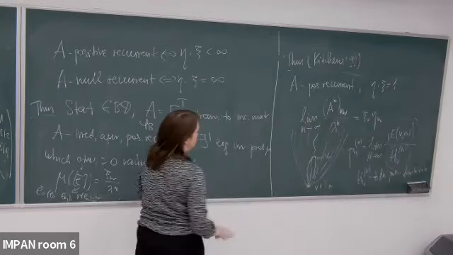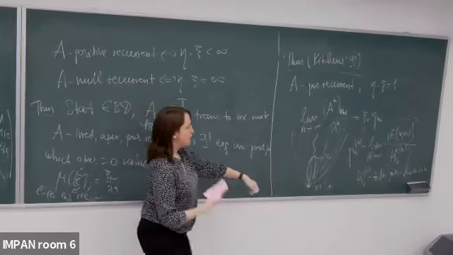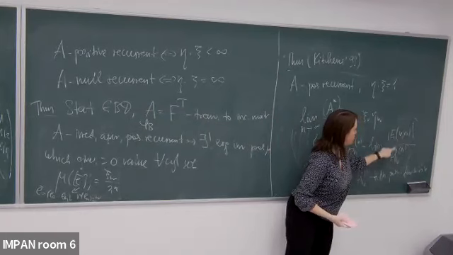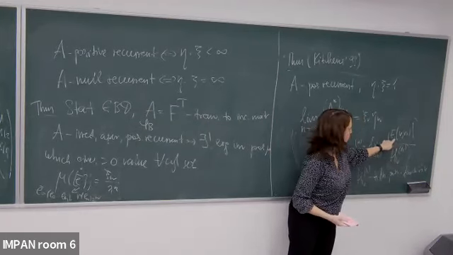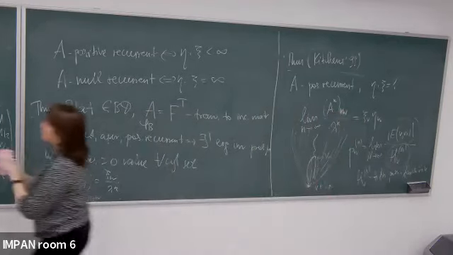And basically, when we assume that there is any other ergodic invariant measure, then we can express this in terms of our matrix.